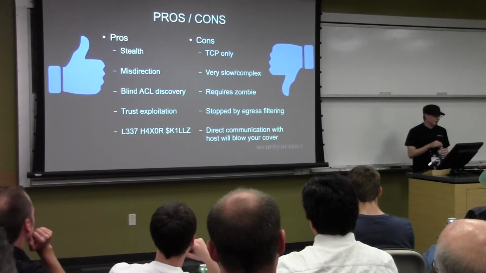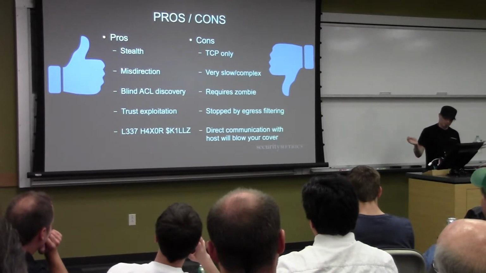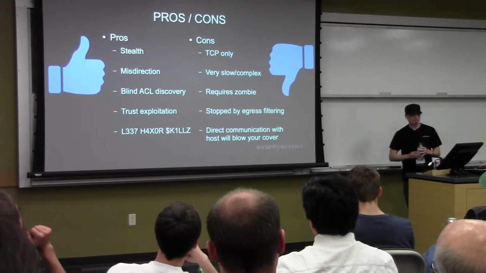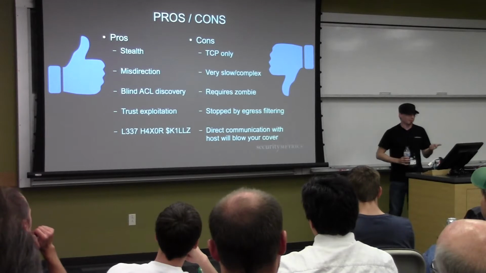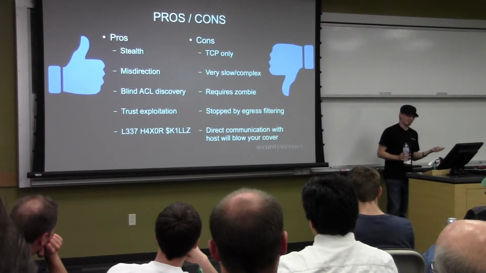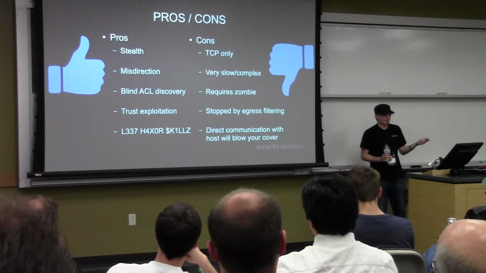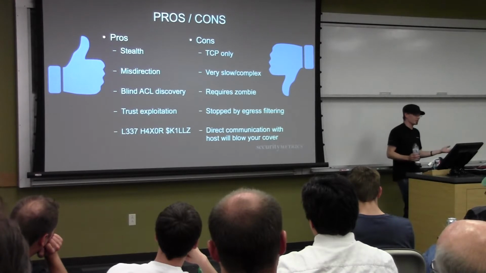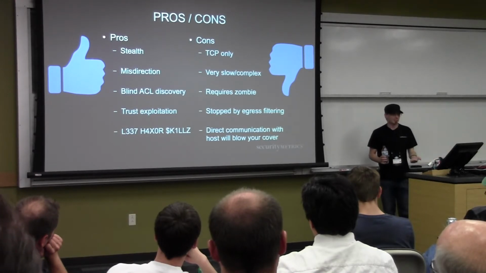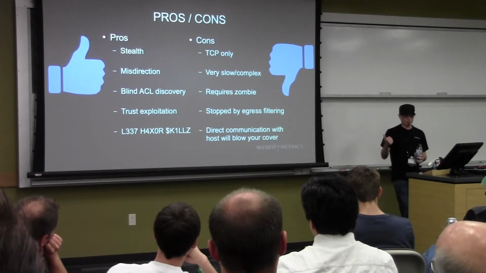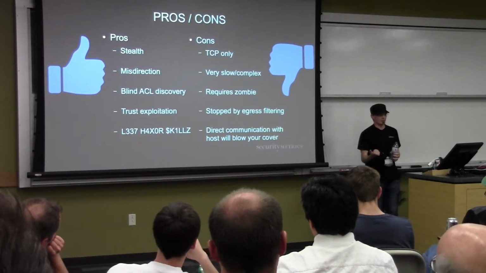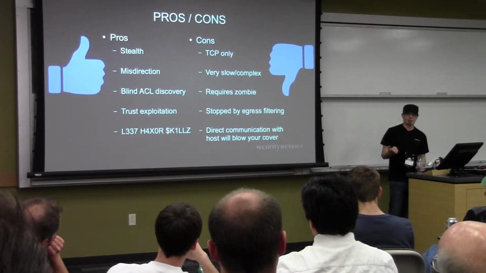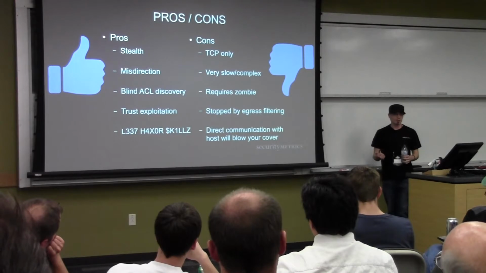So overall, a simple breakdown here. Pros: stealthy way of doing scans, misdirection, blind ACL discovery, trust exploitation, lead hacks or skills. Cons: it only works for TCP because it does have to be stateful. It's very dependent on the behavior that's defined in the RFCs.